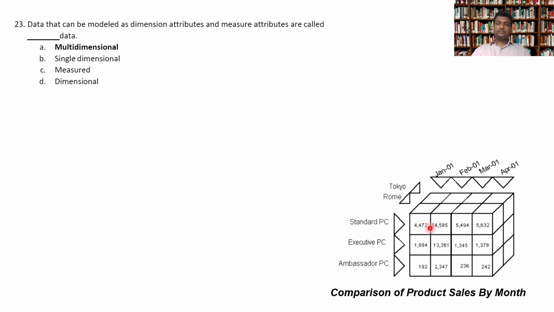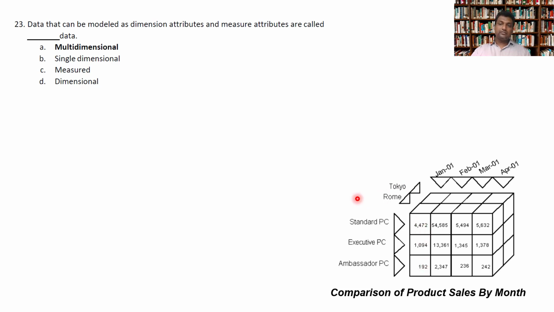So this figure is the standard computer sale for the January month for both of the locations, and this is the executive PC sale for the same attribute. This is the ambassador PC sale for that attribute. So you can compare in one city, in Tokyo, what is the difference.